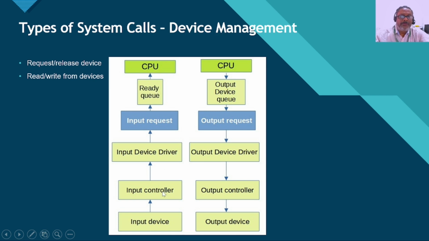The only reason why we have a queue here is that the CPU's working speed and the IO device's working speed do not match. Therefore, in order to optimize the CPU's working, we make the IO operations happen in the background.